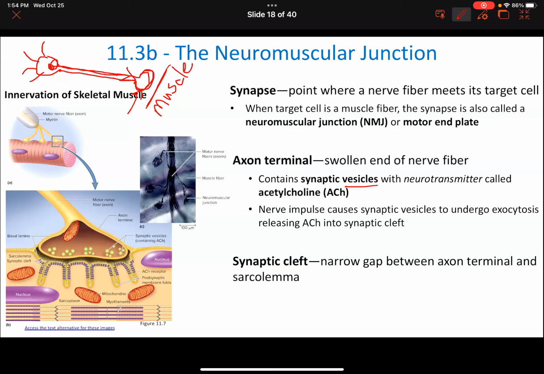Now, the acetylcholine, as we can see here in this figure, these little green dots are the synaptic vesicles with acetylcholine. The acetylcholine, once released, will go across that synapse space, and we call that the synaptic cleft. So it's that space or narrow gap between the axon terminal and the sarcolemma of the muscle fiber. So the acetylcholine will cross that synapse.